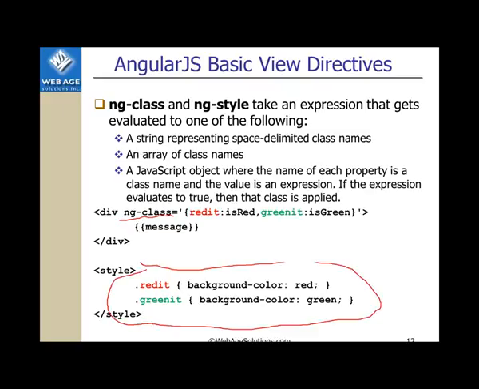So we've got Reddit and Greenit, and depending on which class is currently in effect, the background changes from red to green. So we've got, not shown here, Boolean variables which sit somewhere in your AngularJS application, which is nothing more than just JavaScript code, where you've got special treatment of those Boolean variables. So whenever is red is set to true, then we would be able to set the ng-class background to red.